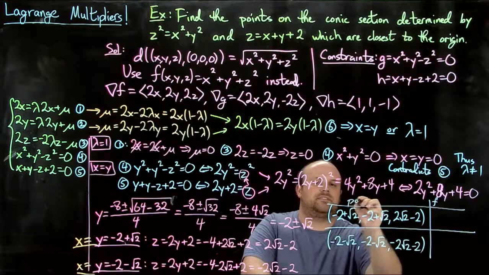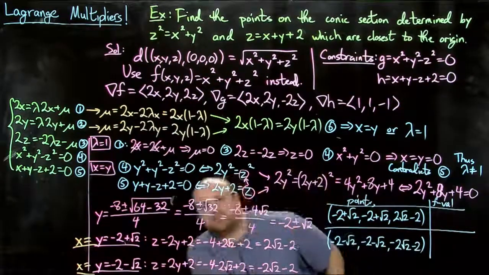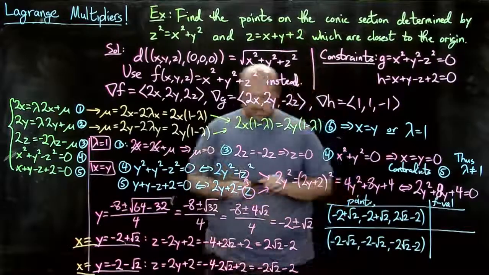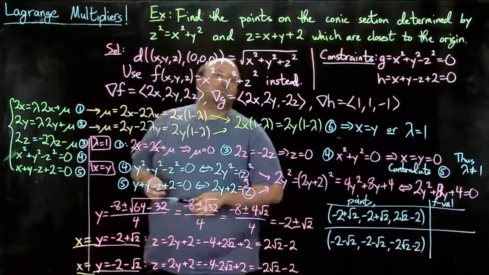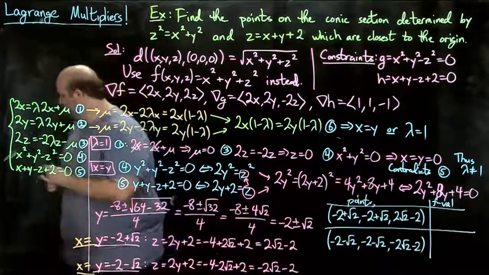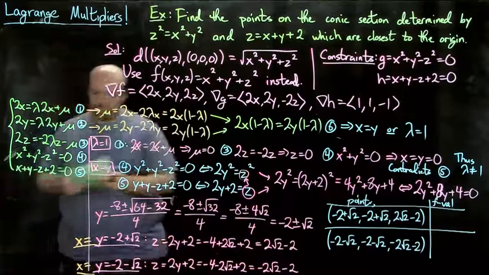So here are the points, and here are the f values. Now we need to know the value of f at these 2 points. Plugging that in is going to take a little bit of work, so I'll use my handy little cheat sheet here.